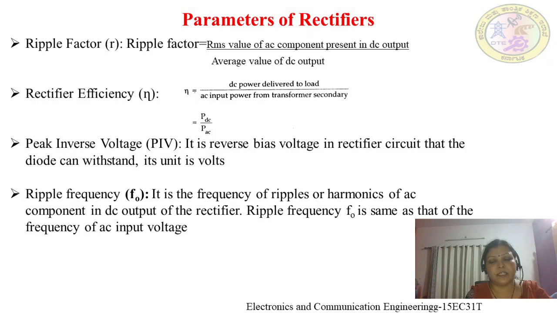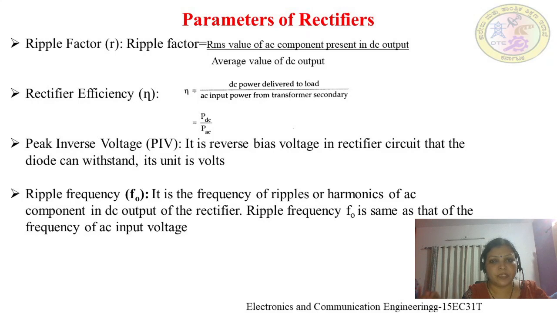So it is given as the ratio of DC output power delivered to the load to the AC input power from the transformer secondary. In simple sentences we can define that the ratio of any output to the input is called an efficiency. Here what is the output? It is the DC power delivered to the load. What is the input?